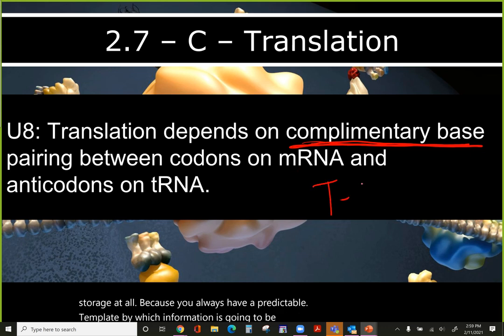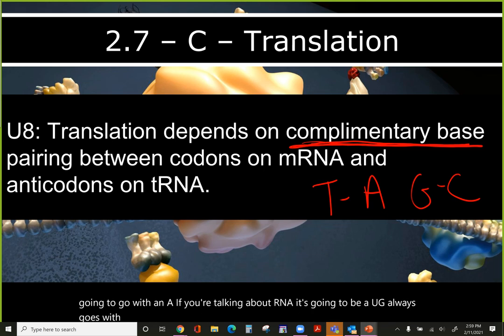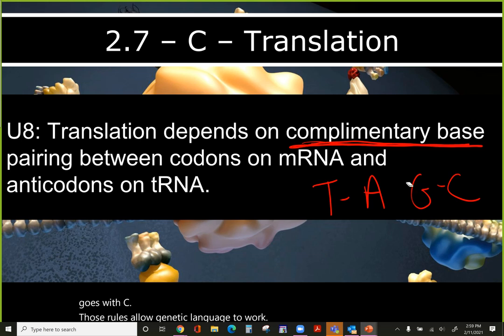If you have a T, it's always going to go with an A. If you're talking about RNA, it's going to be a U. G always goes with C. Those rules allow genetic language to work. And you'll see what I mean in just a minute.